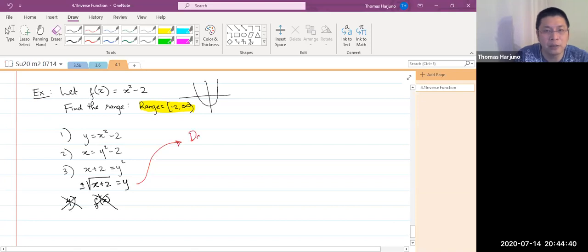The domain of the inverse of f(x) is all x such that x plus 2 has to be non-negative, right? Okay, therefore, x is greater than or equal to -2. Does that make sense? Okay, now notice that this will also be the range of the function.